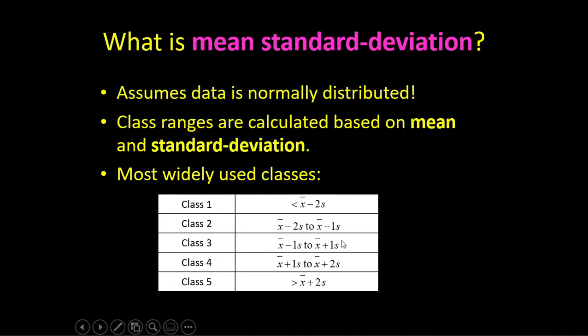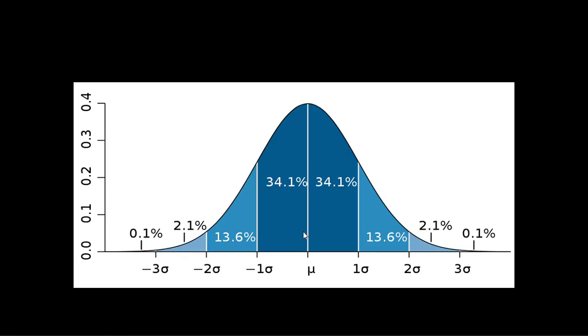We can see here, class 1 is from the mean to 2 standard deviations. Then the next class is the mean and 2 standard deviations to the mean and 1 standard deviation. Essentially we're using the mean and the calculated standard deviations to create the groupings. Let's take a look at this. Once again, we have our normally distributed data.